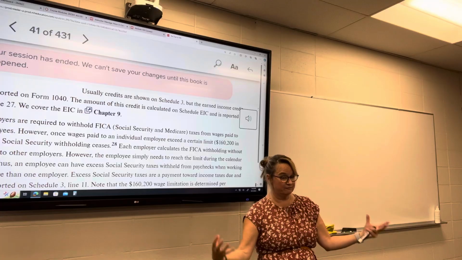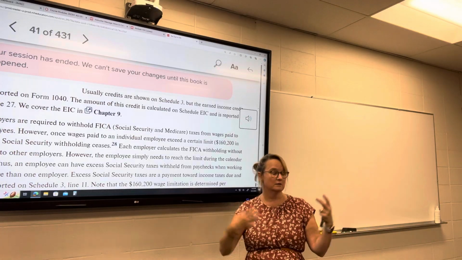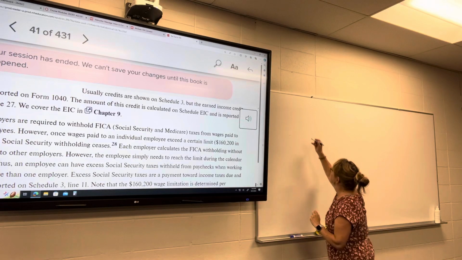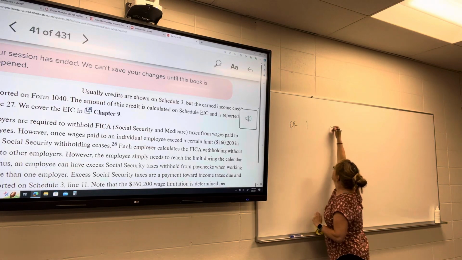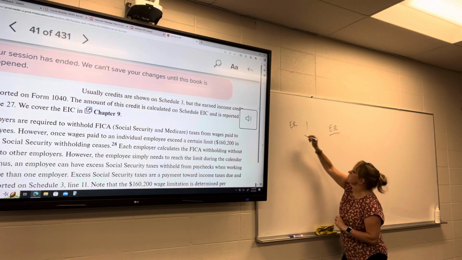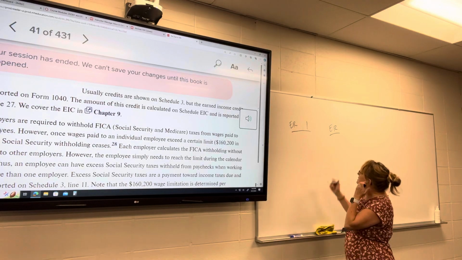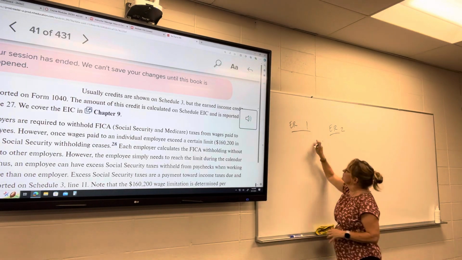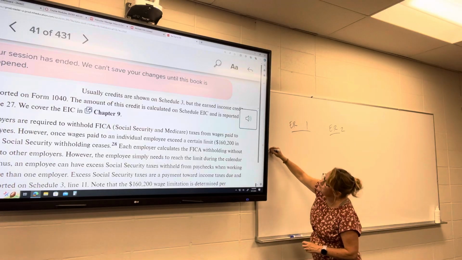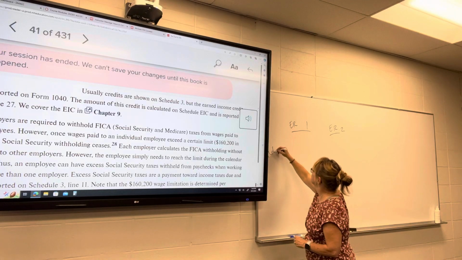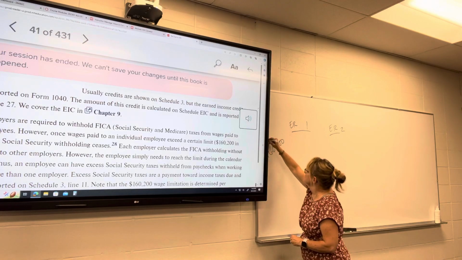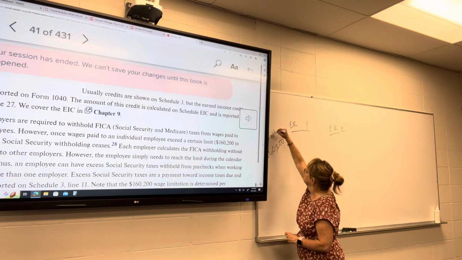But if you had, let me try and do this. You've got employer 1, employer 2, we'll just keep it to 2. Our wage base is $160,200. This is our Social Security wage base.